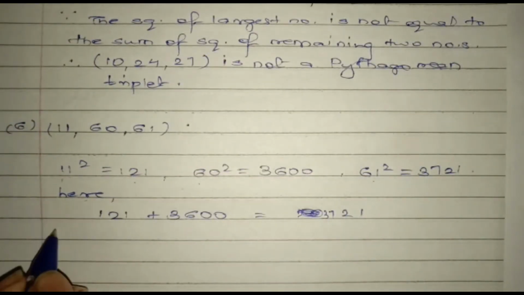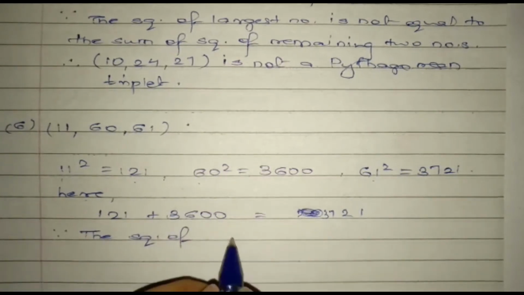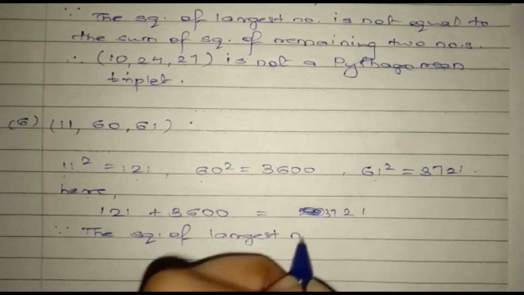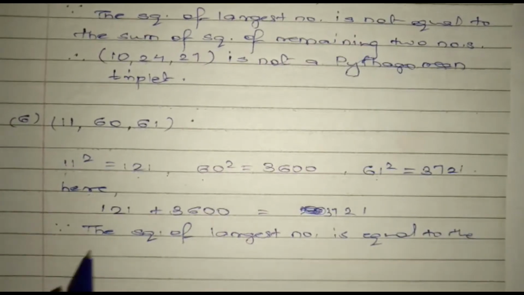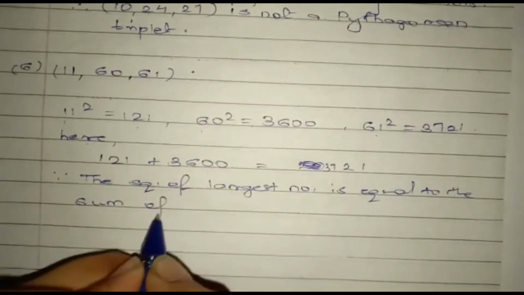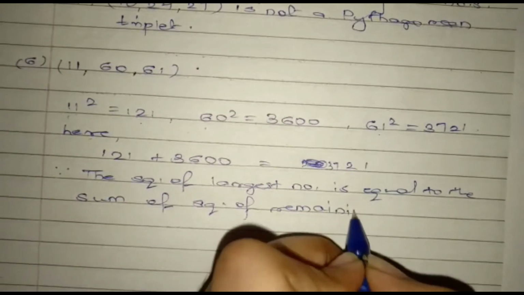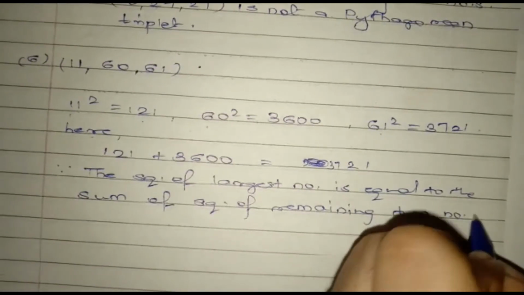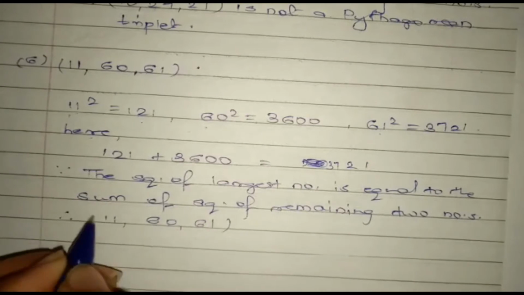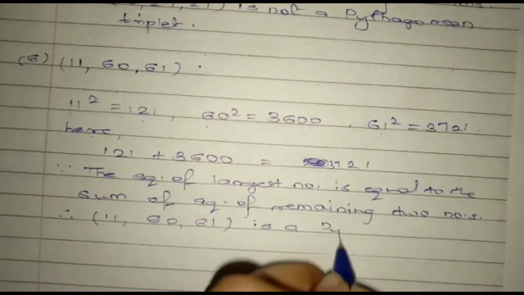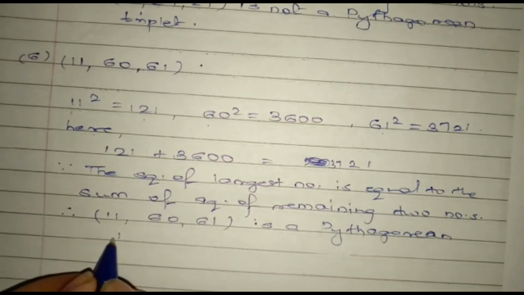Okay, since the square of the largest number is equal to the sum of squares of the remaining two numbers, therefore 11, 60 and 61 is a Pythagorean triplet.